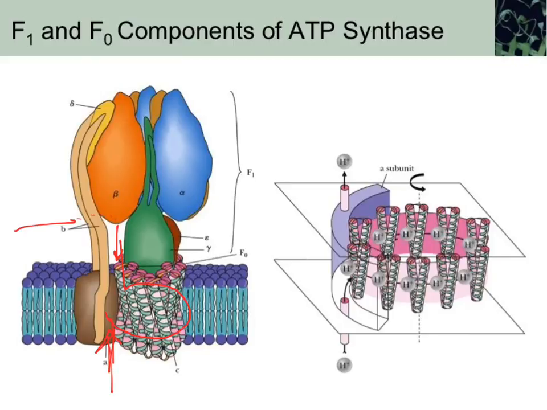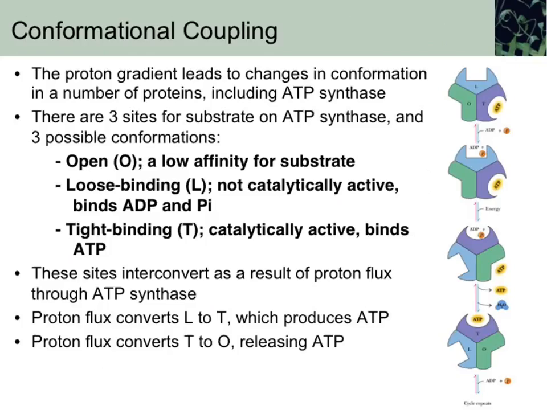The top part does not rotate. It's actually locked in place due to this arm. Which means as the interior rotates, it causes protein structural changes to the top subunits, which is facilitating ATP coming in or out. So kind of a fun little unit. We can look at all sorts of diagrams of what's going on with it.